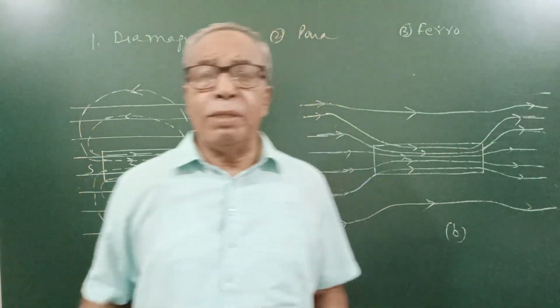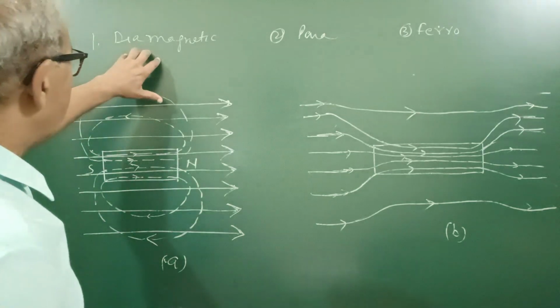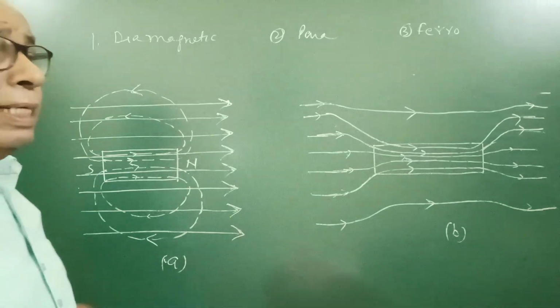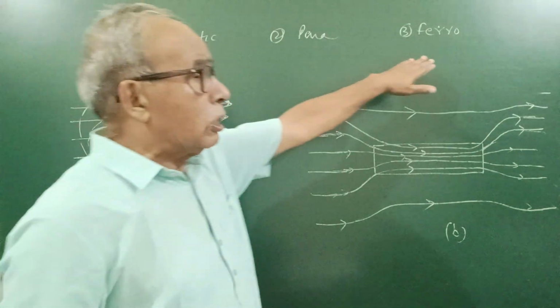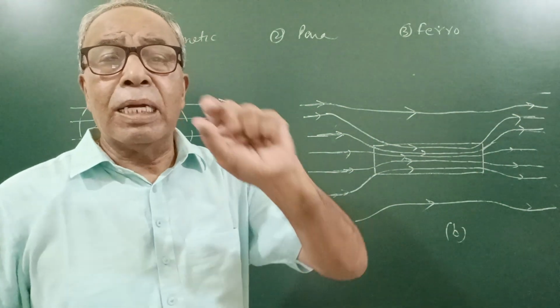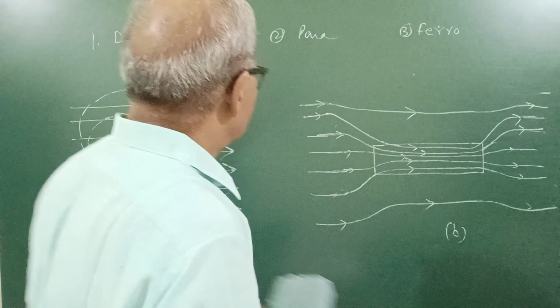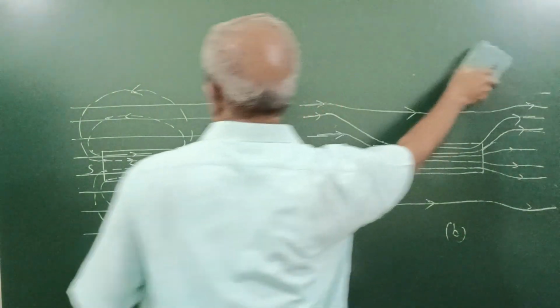I will take them in detail later. Here I am simply telling you diamagnetic materials are slightly repelled by a magnet. In other words, they get magnetized in the opposite direction. Paramagnetic is slightly attracted, ferromagnetic is strongly attracted. Iron nails are made of ferromagnetic material.